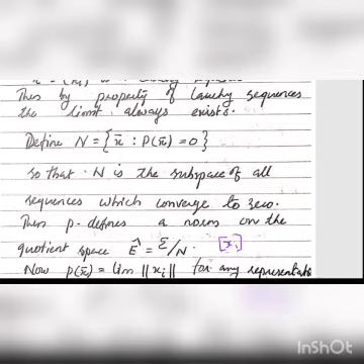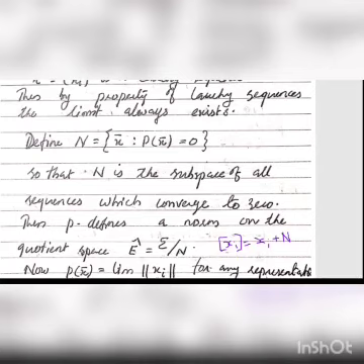So any element of this is of the form (xi) plus N, because it's a coset, an element in the quotient space.